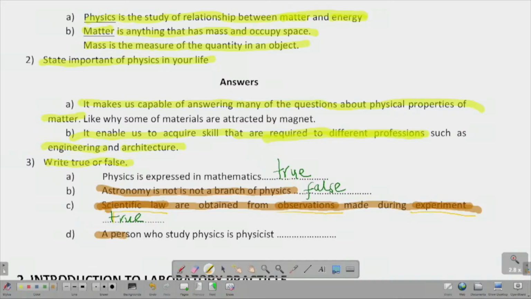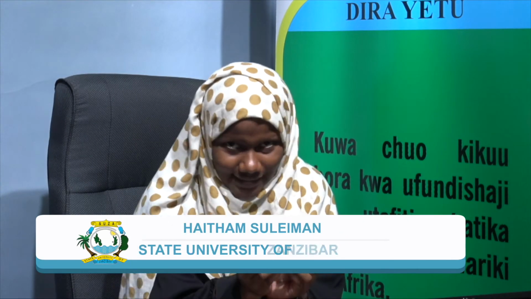Great. Okay, let's look at the last question here. Part D says a person who studies physics is a physicist. We know people who do different kinds of work are known by different names, right? So if there's a person, maybe you yourself, who studies physics but goes deep, not just studying, but wanting to know the properties of matter, maybe why this thing behaves like this, you go deep into physics and study it.